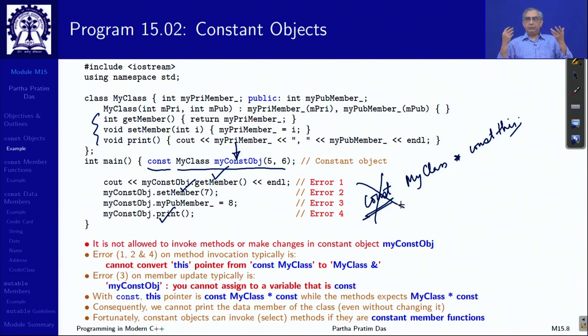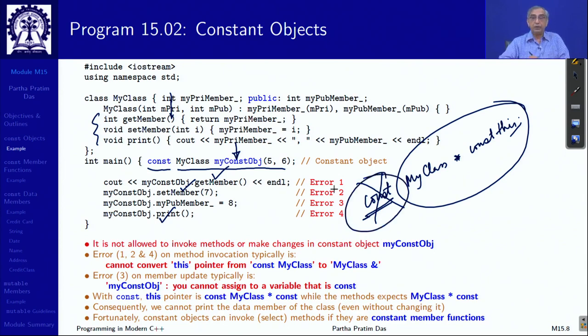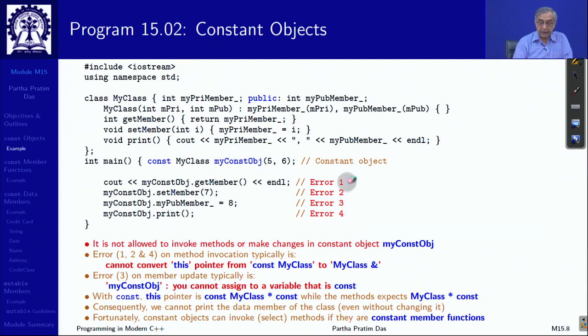Because get member is not actually changing anything, it is just getting the value, but the compiler will not make it work, because get member here expects a this pointer of the type which is constant by itself, but does not point to a constant object, whereas what it gets includes this const. So, there is a type mismatch and it will not allow that call to happen. So, you can see that this will not work.